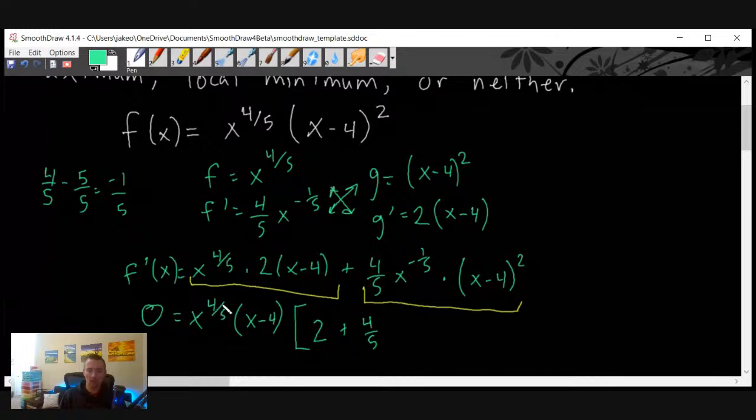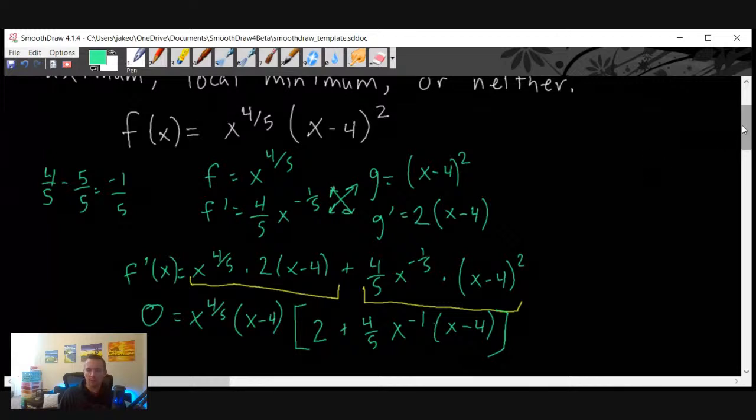So in order to get from x to the 4/5, multiplied by x to some other power, to x to the negative 1/5, what would you have to add to 4/5 to get to negative 1/5? Well, it would just be minus 1, right? 4/5 minus 1 gives us negative 1/5. Then we still have another x minus 4 term here, because it was x minus 4 squared. Now there's just going to be an x minus 4 term left.